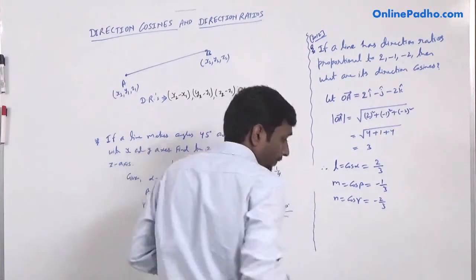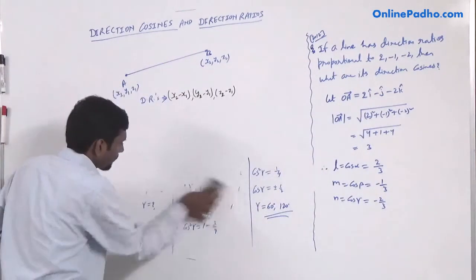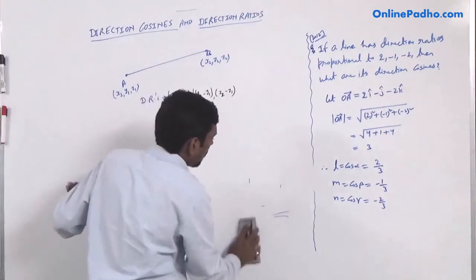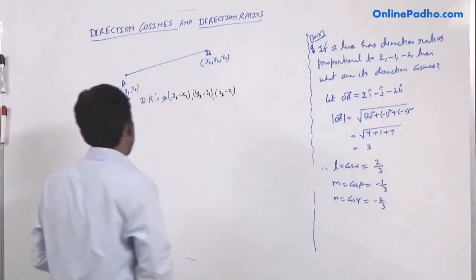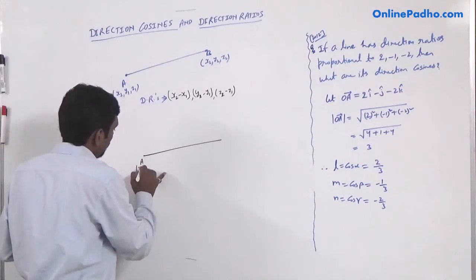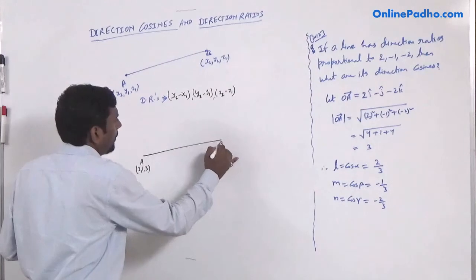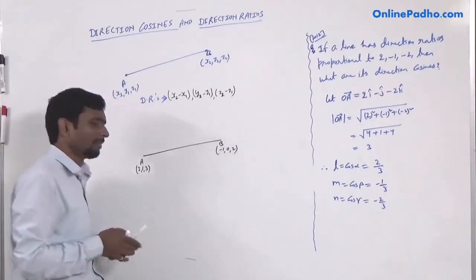For example, if we have a straight line whose point A coordinate is 2, 1, 3 and point B coordinate is minus 1, 0, 2, how can we find the direction ratios of this line?